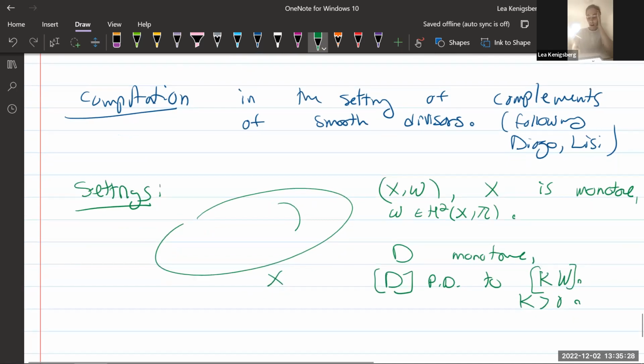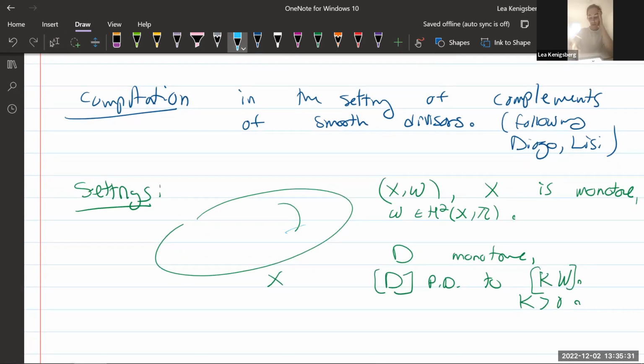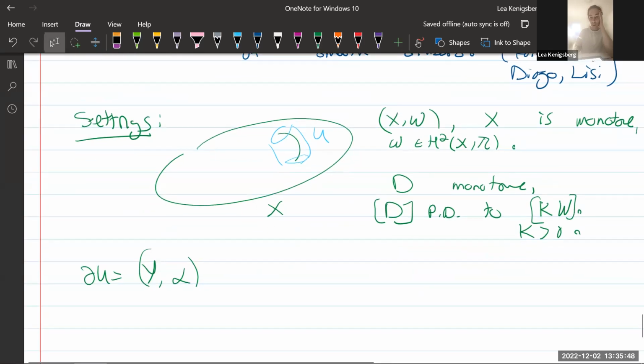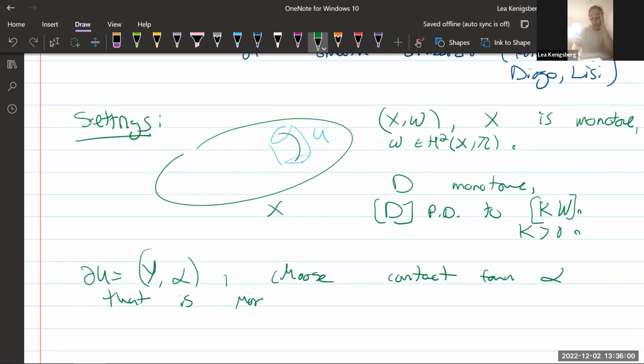So the idea is to start by, so we have this tubular neighborhood of D, U, and the boundary of U is some contact manifold Y, and you can choose your contact form alpha that is Morse-Bott, and such that the Reeb flow for alpha generates an S1 action.